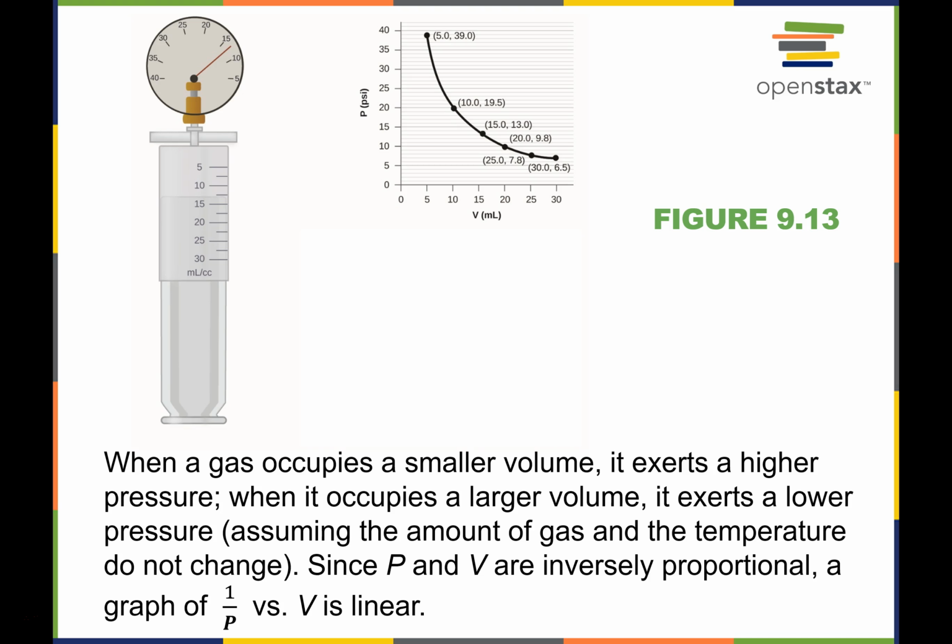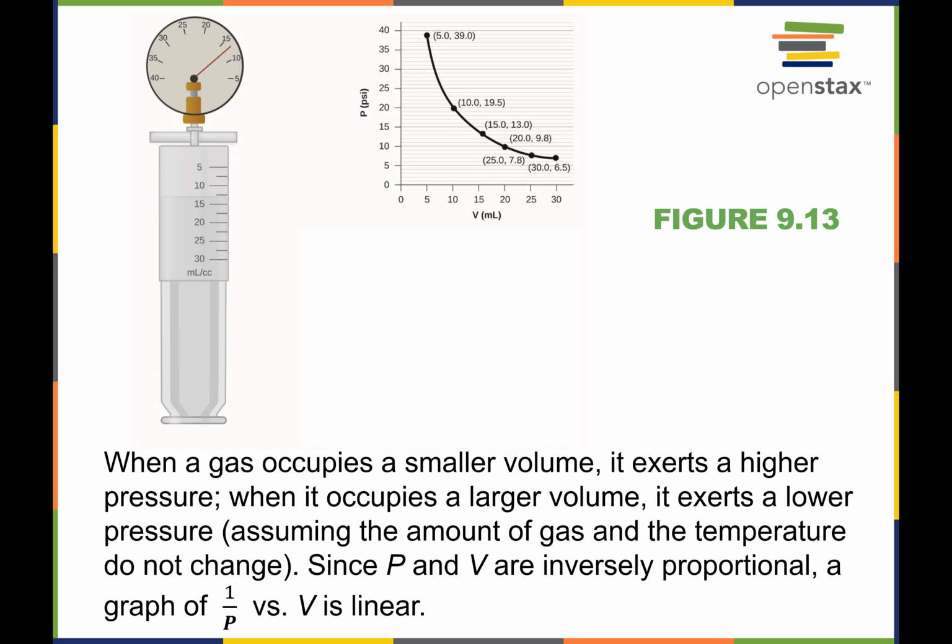And we picked off the pressure. Notice here we must have pushed the plunger in with a smaller and smaller volume, and the pressure went up. Here we must have withdrawn the plunger, creating more and more volume, and the pressure went down.